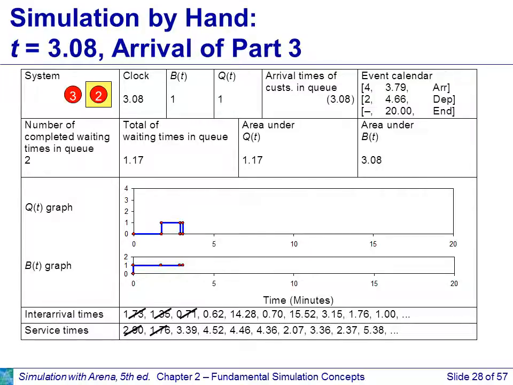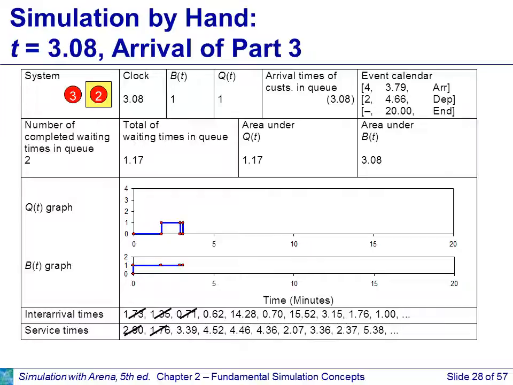So the next is when part 3 arrives. And that happens at 3.08 minutes. As soon as it arrives, now the QT has changed to 1. And we also can update the event calendar by adding an additional event. Notice that part 4 is going to arrive at 3.79.